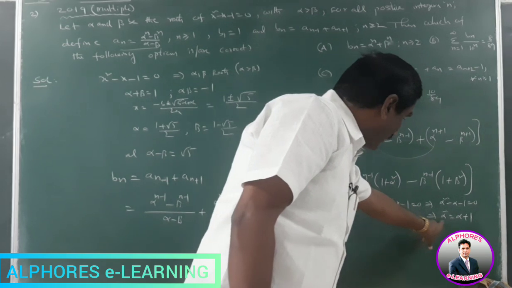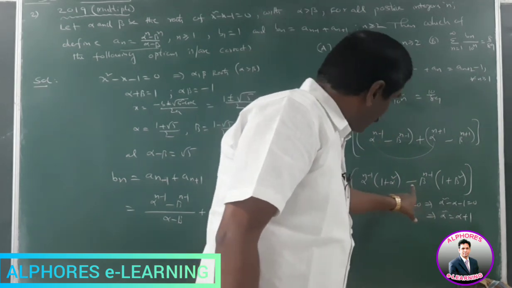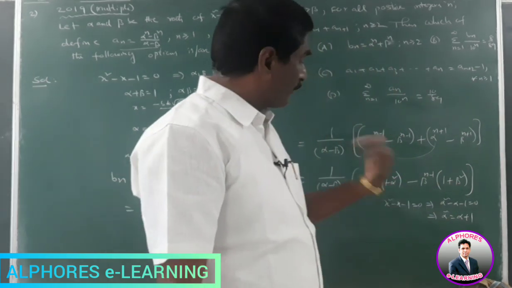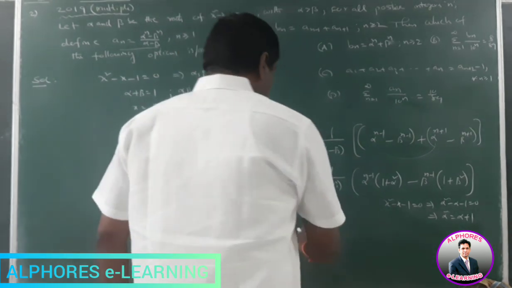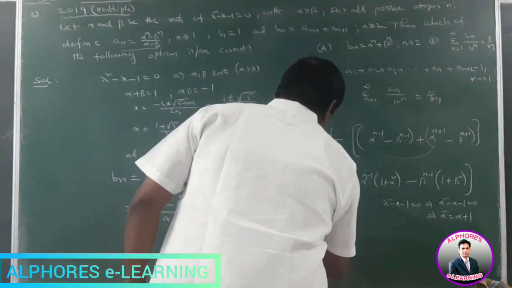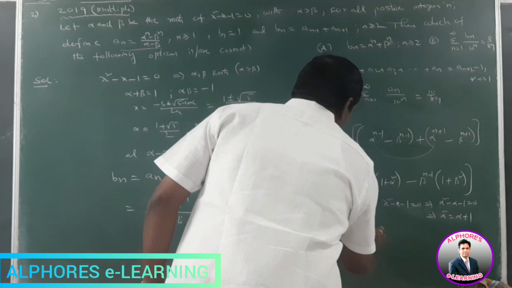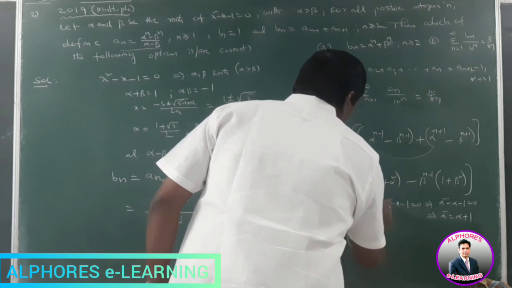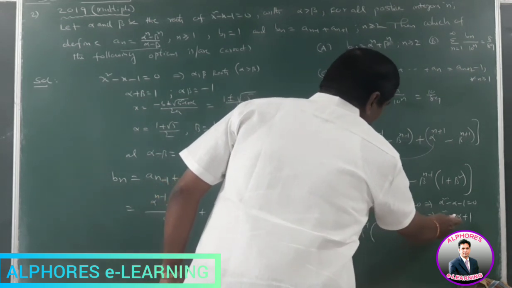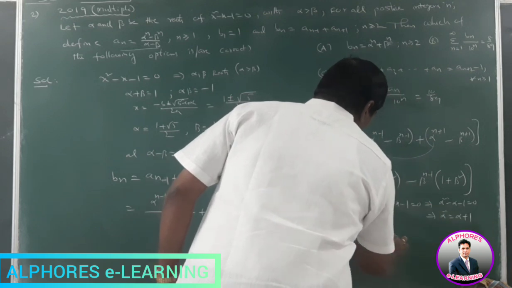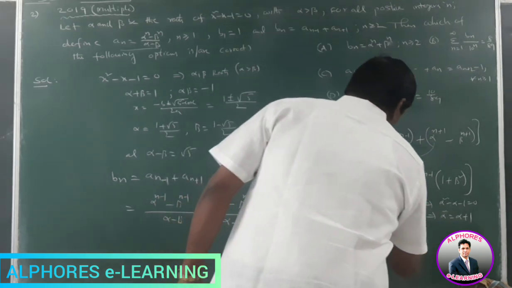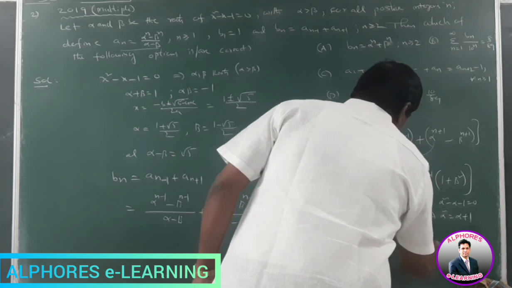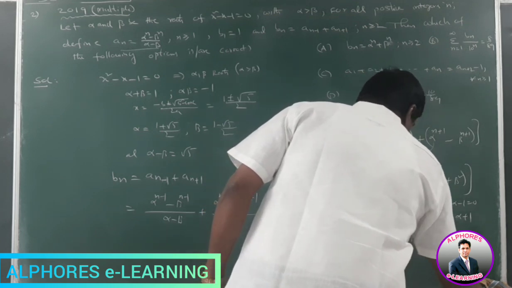Replace alpha square as alpha plus 1, beta square as beta plus 1. That implies that is equal to 1 by alpha minus beta into alpha power n minus 1 into 1 plus alpha square, means alpha plus 1 plus 1, alpha plus 2, plus beta power n minus 1 into beta plus 2.